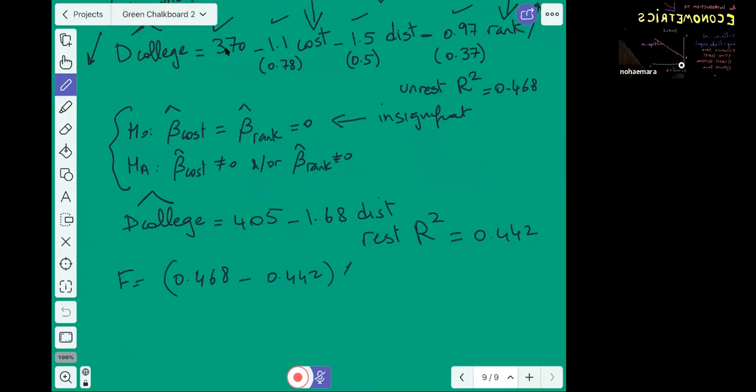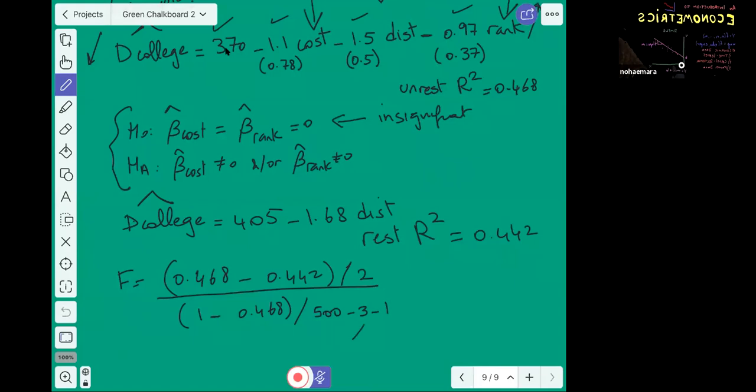I have to divide this by Q. I have only 2 restrictions, divided by 1 minus the unrestricted R square, divided by, if you want to type infinity, it's theoretically infinity, but here I have a sample size, I should have told you, of 500 colleges, minus we have the 3, which is the K, minus 1.